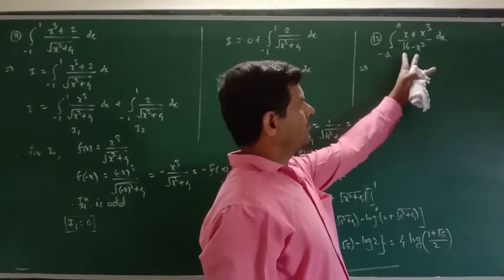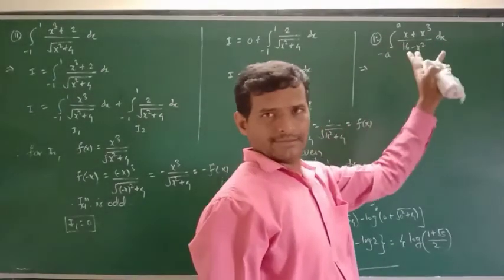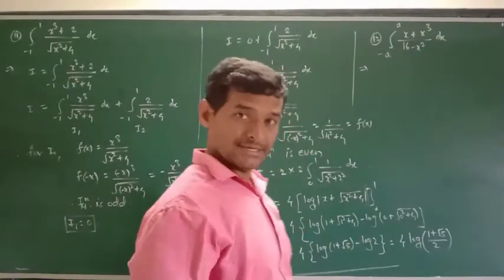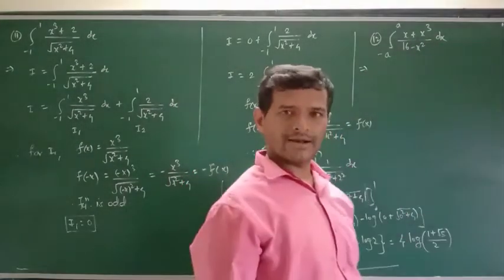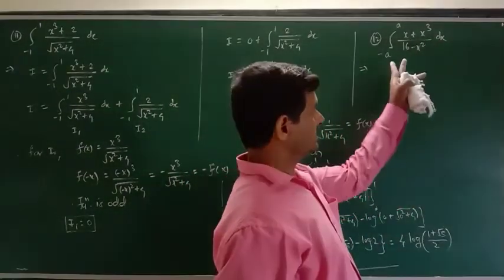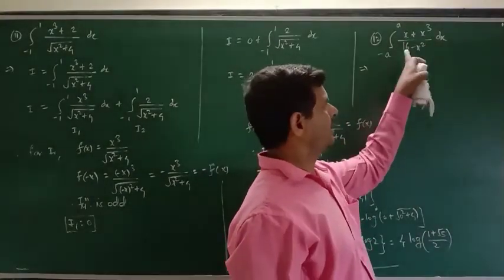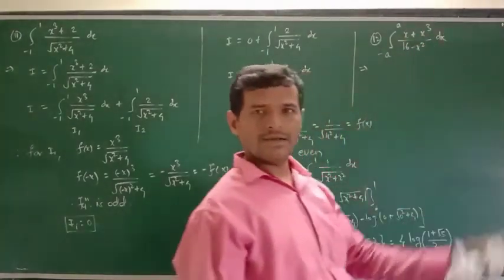You divide the numerator by the denominator separately, then you get the two functions: x upon 16 minus x square, the first integral I1, and x cube upon 16 minus x square, I2. For the first integral I1, the function is x upon 16 minus x square. The denominator function is even, but in the numerator both the functions are odd.